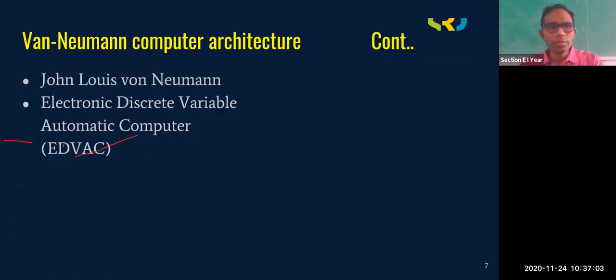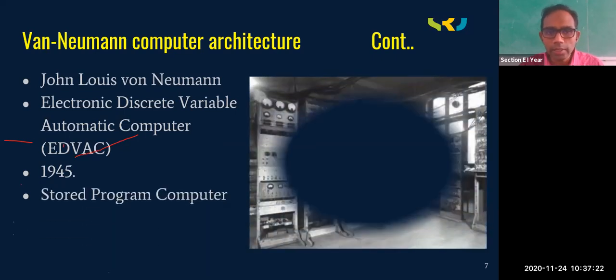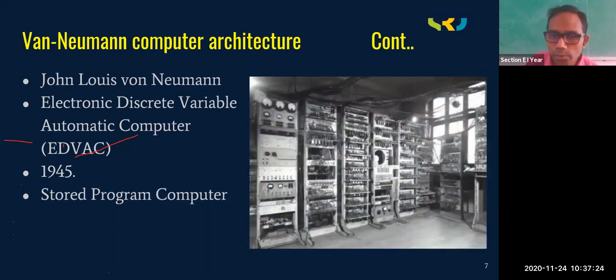Now John Louis Von Neumann is his complete name. The first computer that had this architecture is called the Electronic Discrete Variable Automatic Computer, EDVAC, and this was introduced in 1945 by John Louis Von Neumann. And how does it look? It looks something like this, a huge machine inside a huge room.